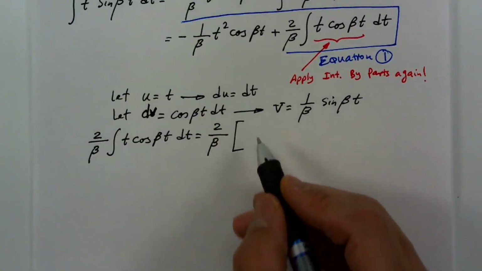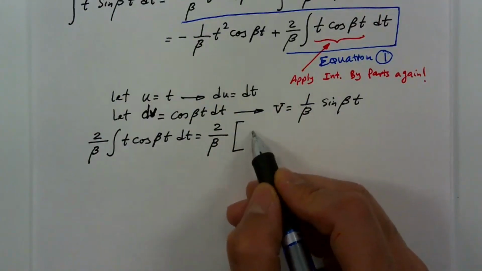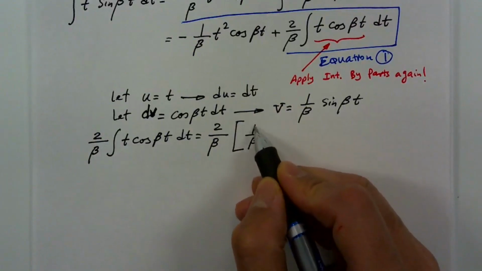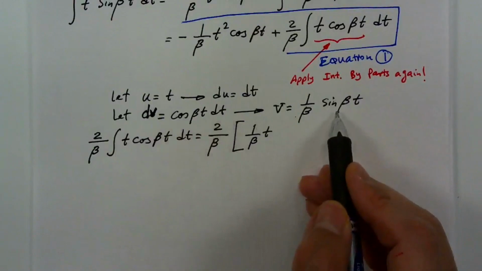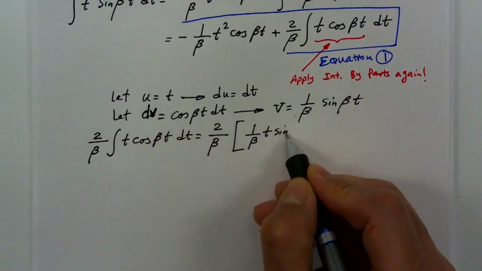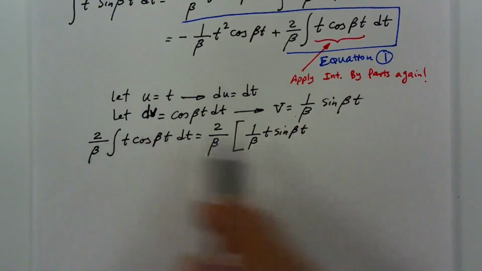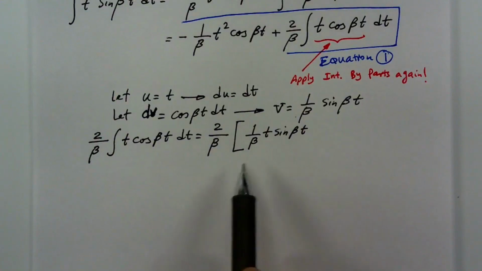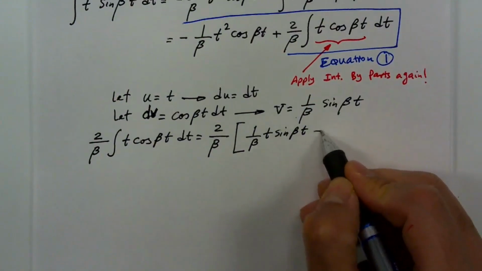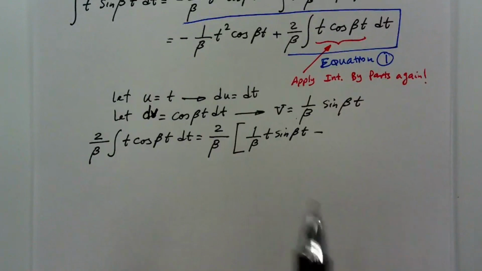So that would be 1 over beta times t times sine of beta t. That's our uv, right? And then minus v.